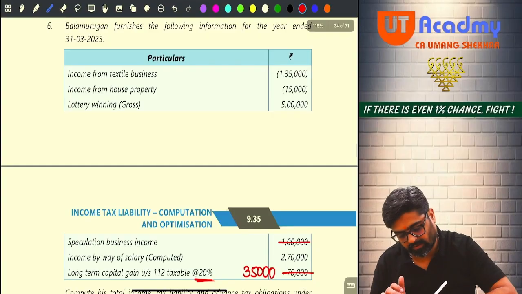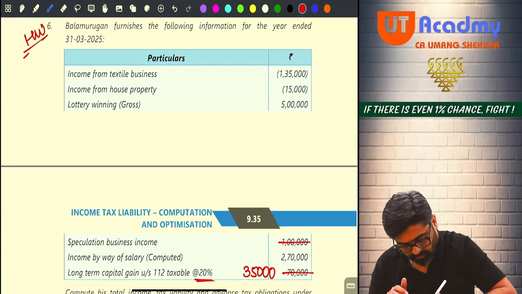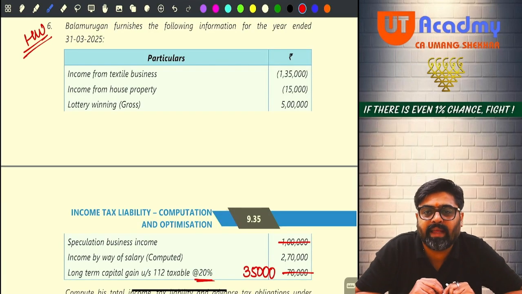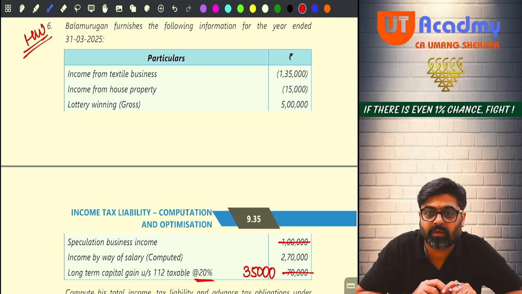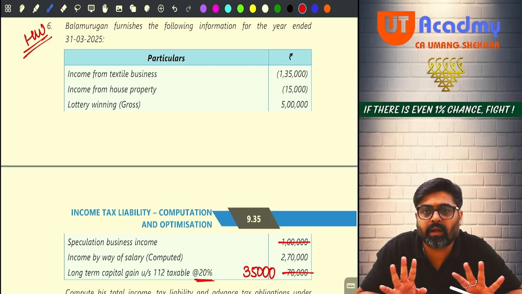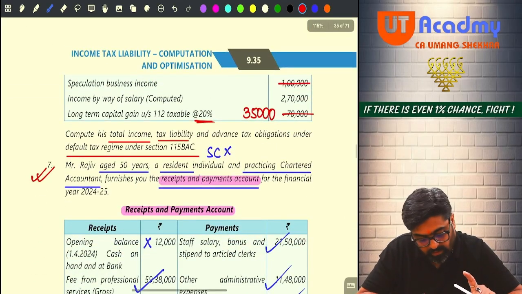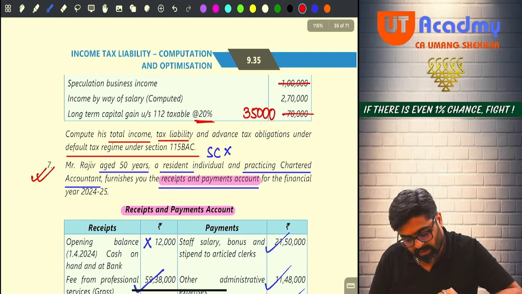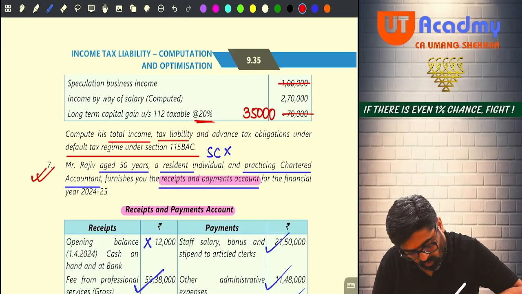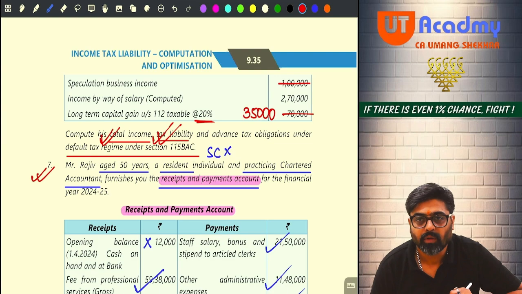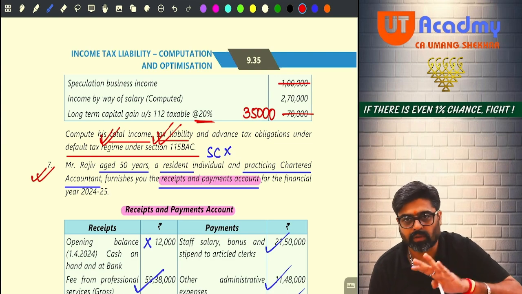Take this question as homework for today. Because questions like this we have already solved in set off and carry forward, if you remember. So this question will not be a difficulty for you. It will be a very easy question. But wait, in this question they are telling you to calculate both the total income and tax liability.